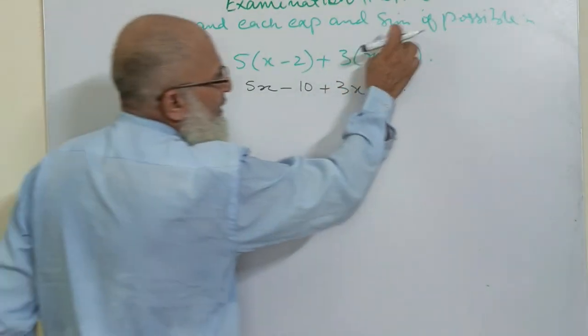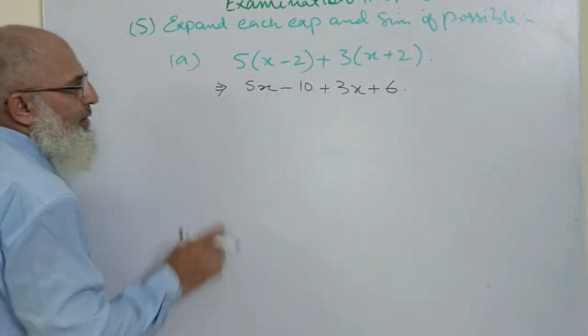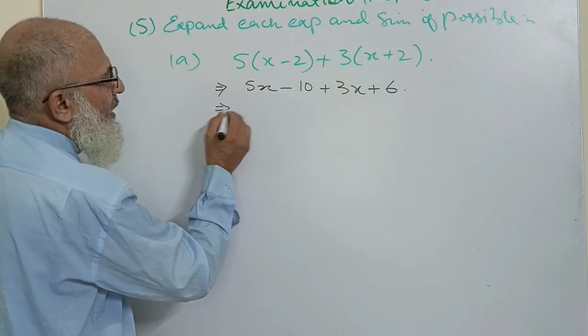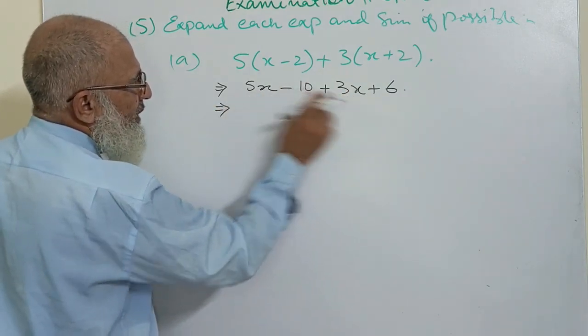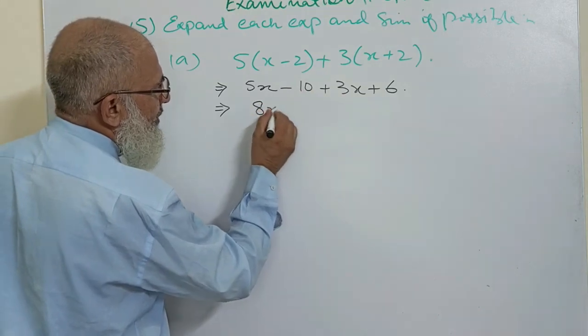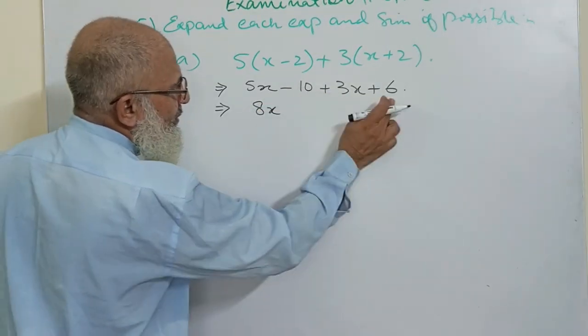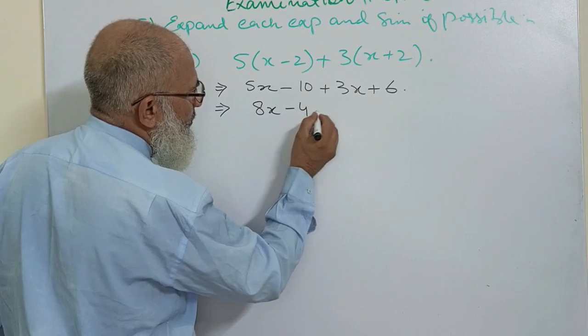Now, simplify if possible. Yes, it is possible. 5x plus 3x is 8x, and minus 10 plus 6 is minus 4.